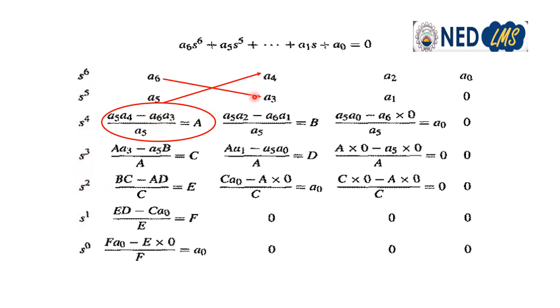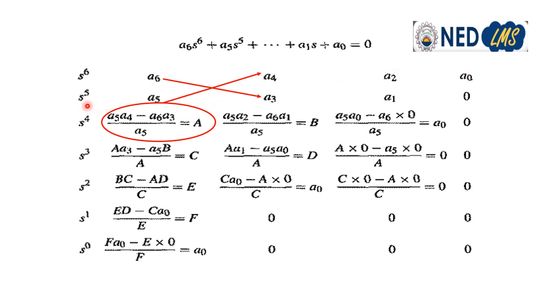The first two rows are calculated with the help of the coefficients of the characteristic equation. The coefficient of s^6 is a6, so we first write a6, and then the alternate coefficients: a6, a4, a2, up to a0.